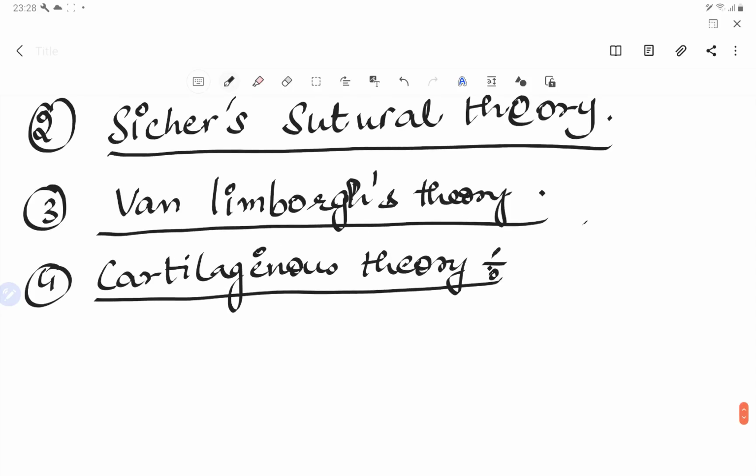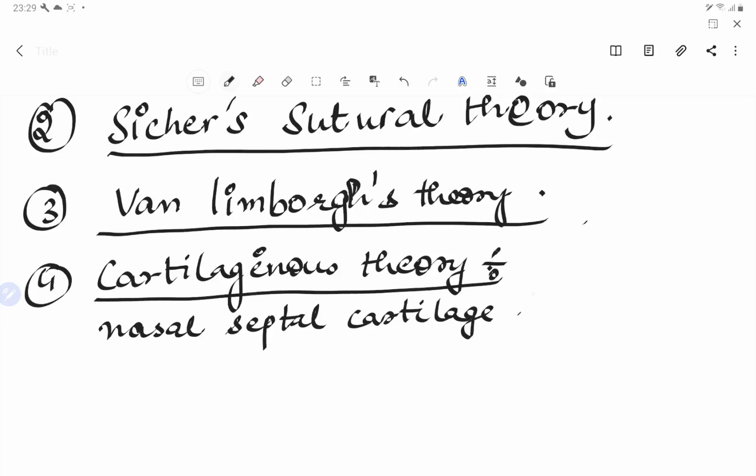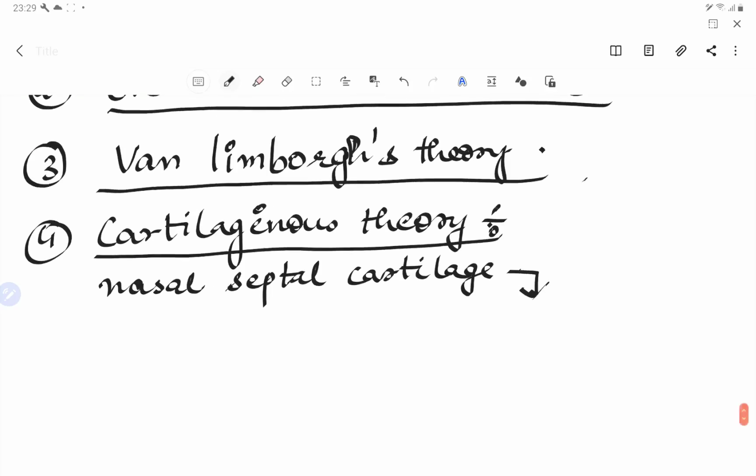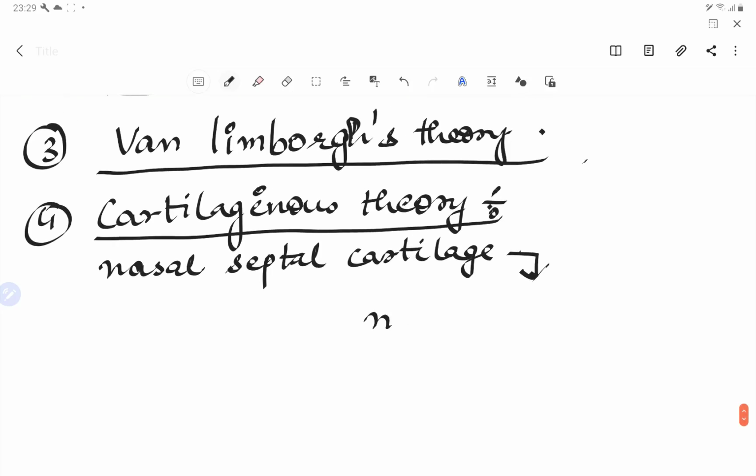So according to James Scott, the nasal septal cartilage is the pacemaker for the growth of the entire nasomaxillary complex. Right.